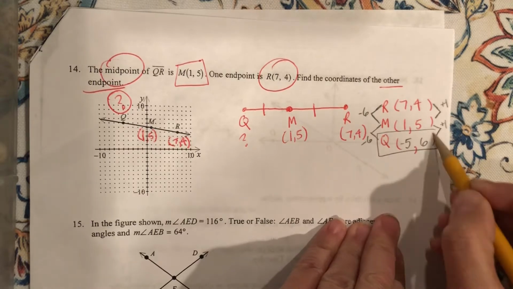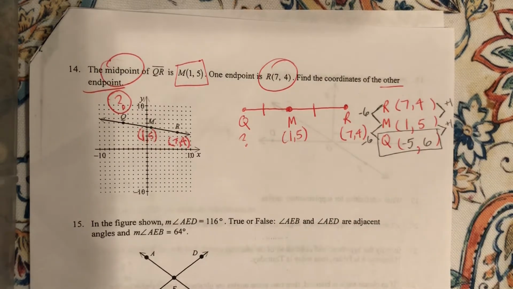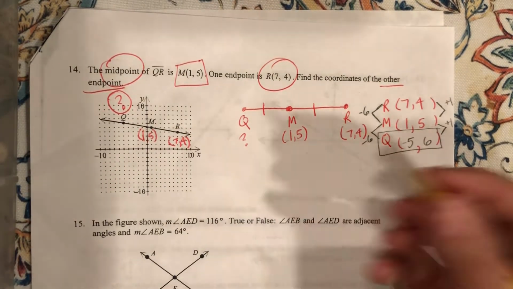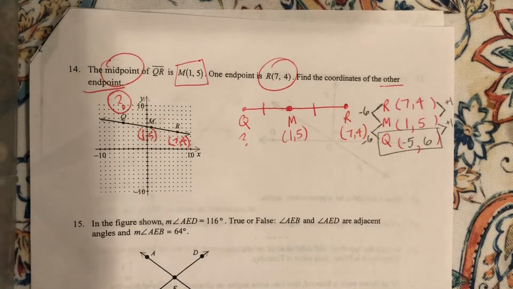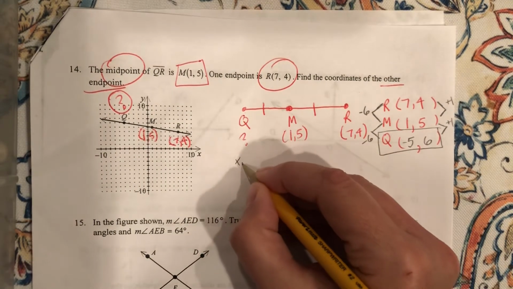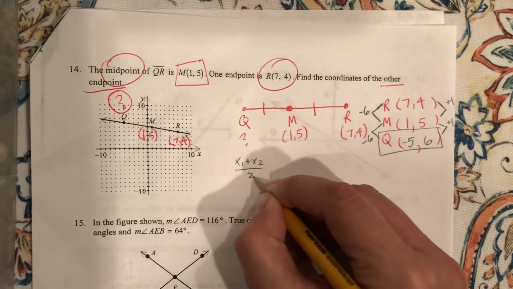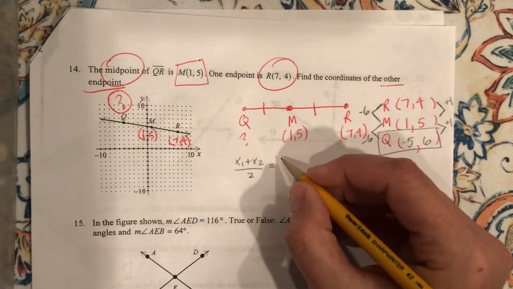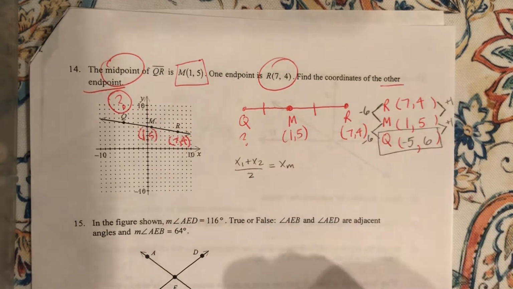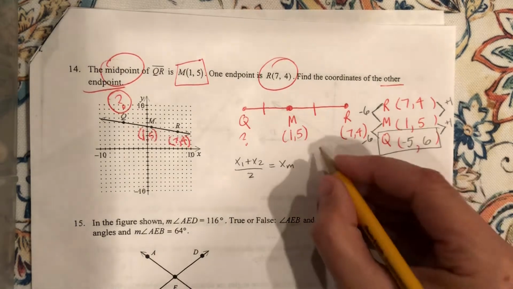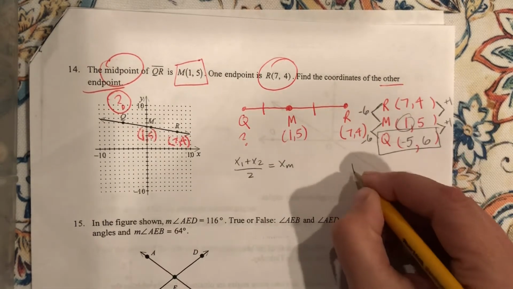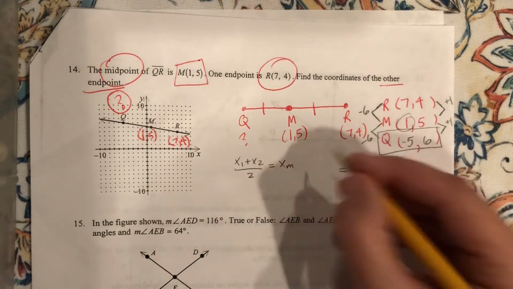There you go. Now, some people will teach you to set this up algebraically. Meaning, what do we know about, for example, the x part of the midpoint? x1 plus x2 divided by 2 gives you your x-coordinate for your midpoint, right? The x-coordinate for my midpoint is 1. My x1 is 7.